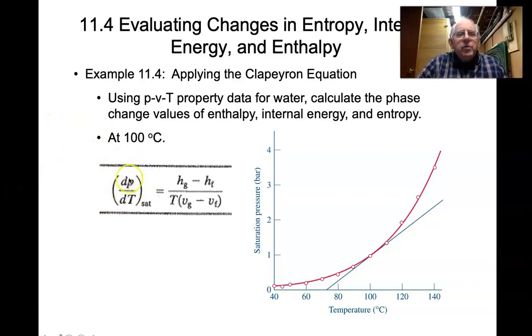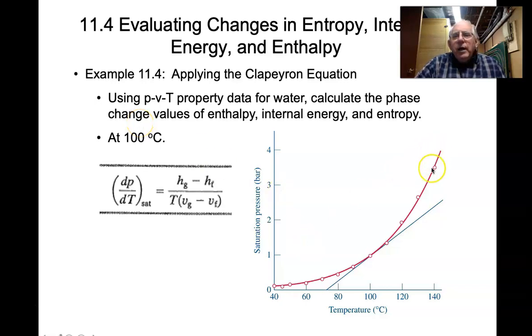And so if we were to plot this, we would see pressure as a function of temperature. We would have a curve, and that curve would correspond to points taken right off of pressure, volume, temperature property data for water going through a phase change.